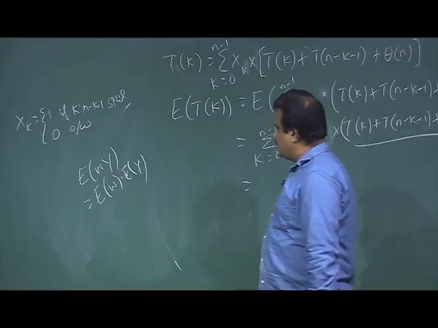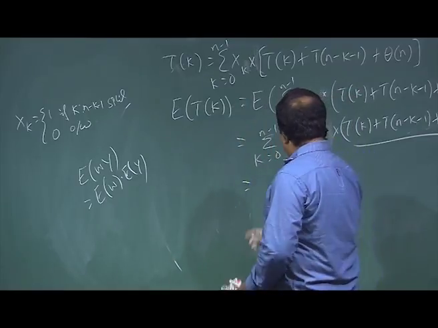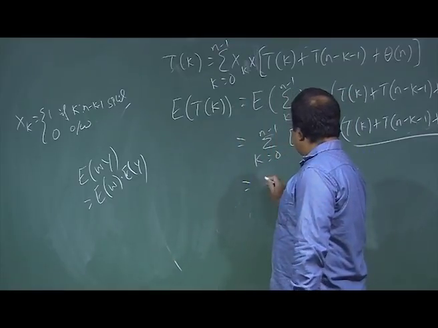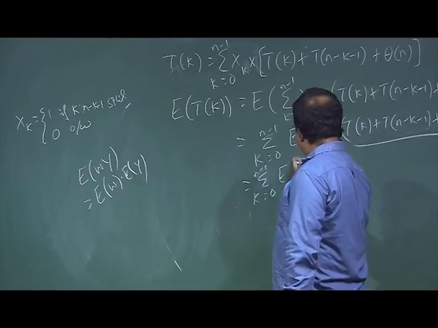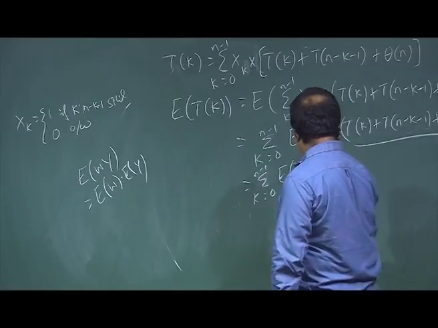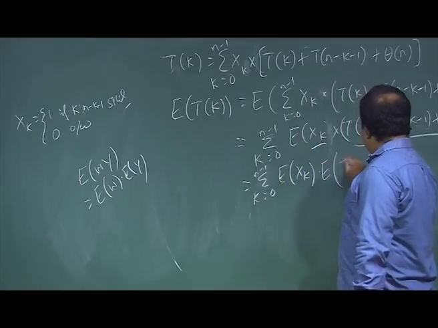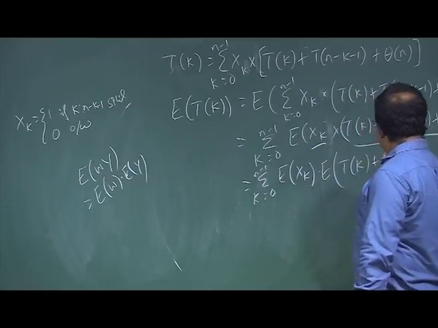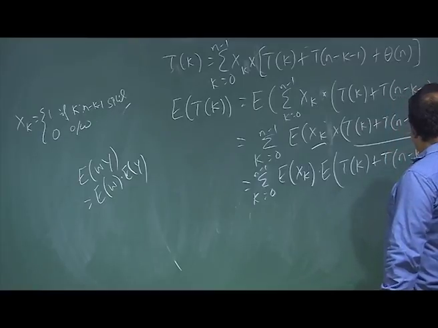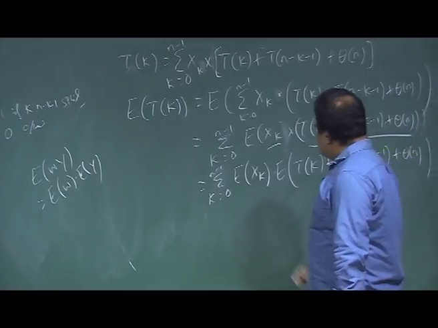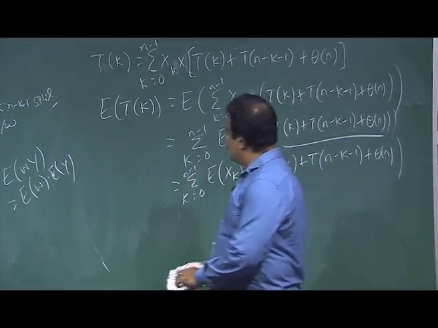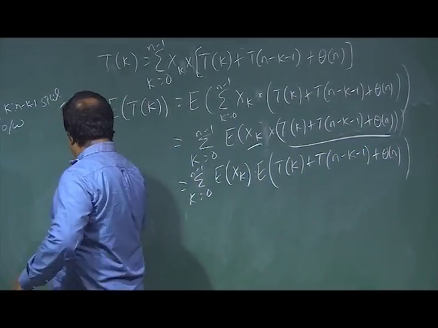This property is there in probability theory. So by that assumption we can write, summation k equal to 0 to n minus 1, expectation of xk into expectation of this, T of k plus T of n minus k minus 1 plus theta of n.